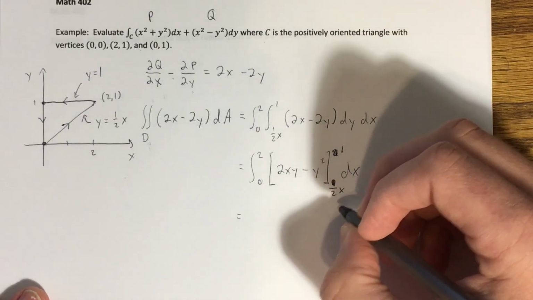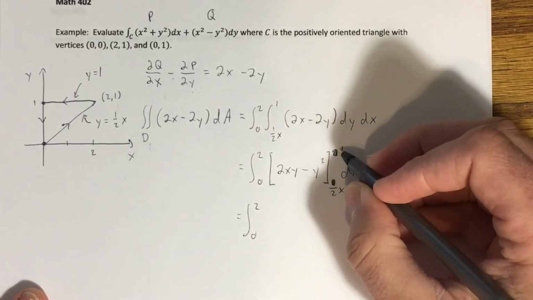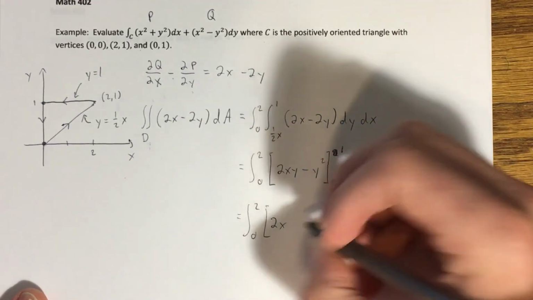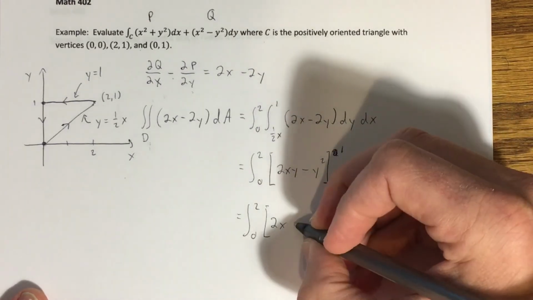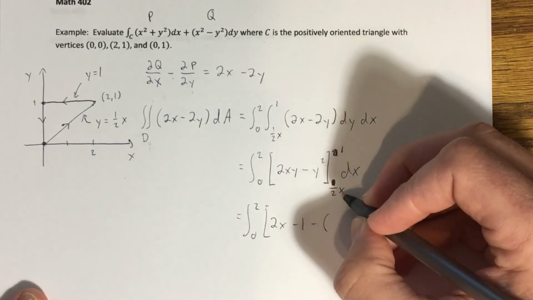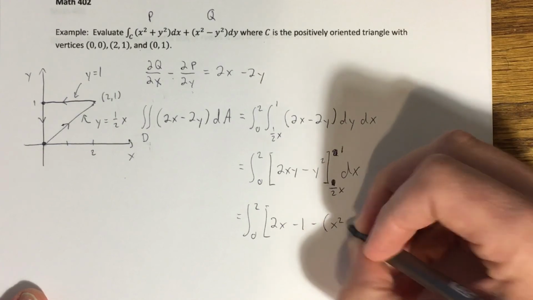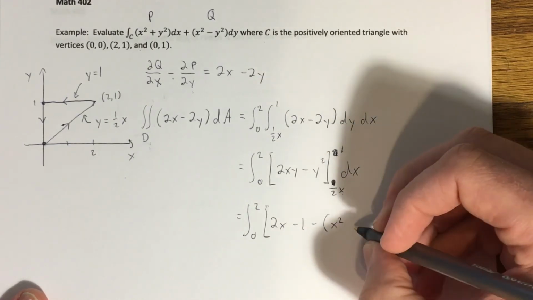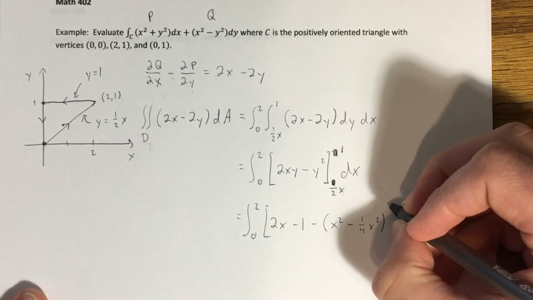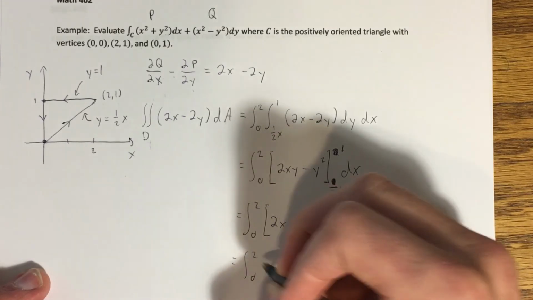So we're going to get the integral from 0 to 2. Plug in my 1 first for y, so that would become 2x minus 1. Minus, plug in 1/2 x for y, and that's going to become x squared minus 1/4 x squared, dx. Integrate from 0 to 2.